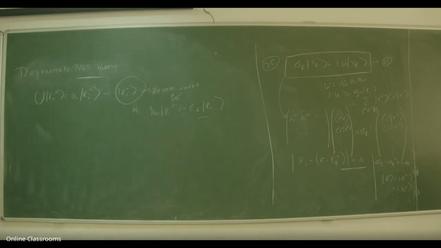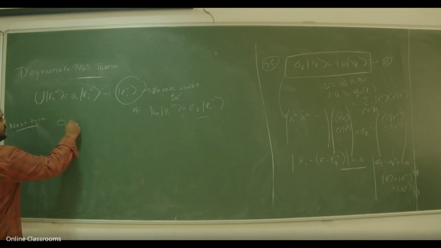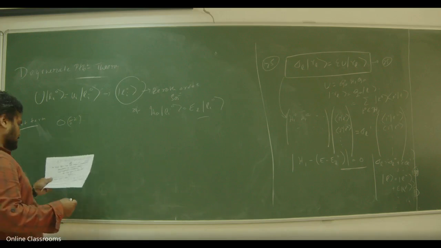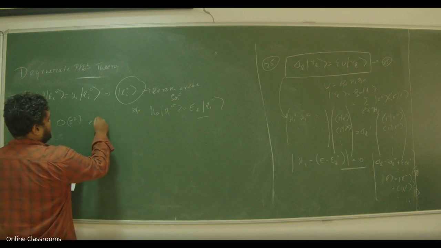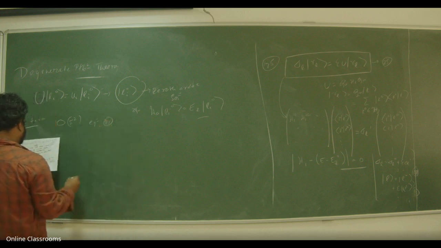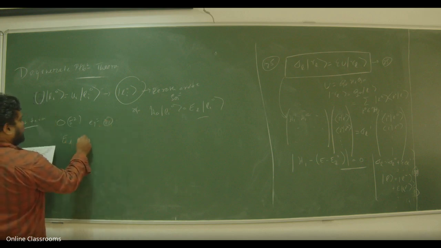Right? So now we want to go for the next term. What do we do? Now I cannot throw out the next term. So go to equation 21, and EL minus H naught.